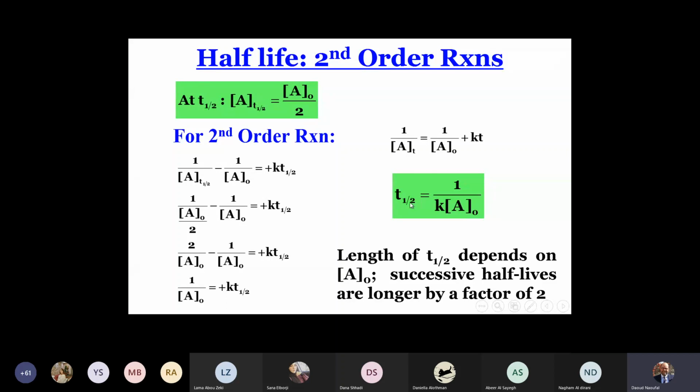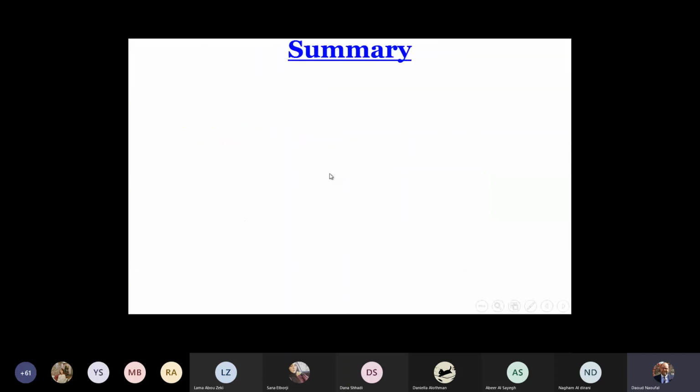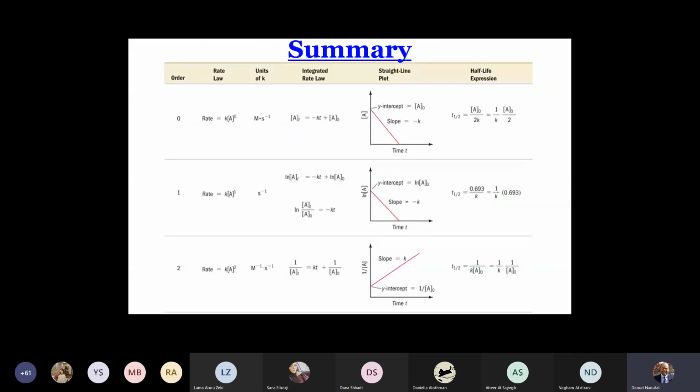And pay attention, in the expression of t-half for a reaction of second order, t-half is inversely proportional to A0.